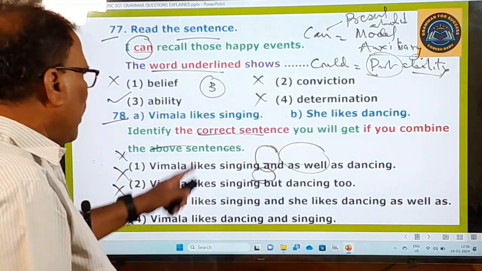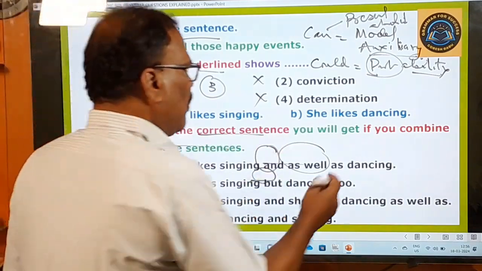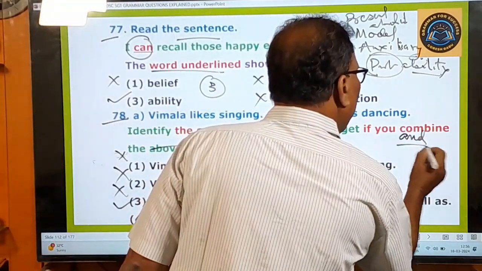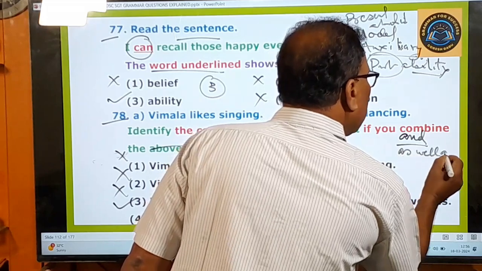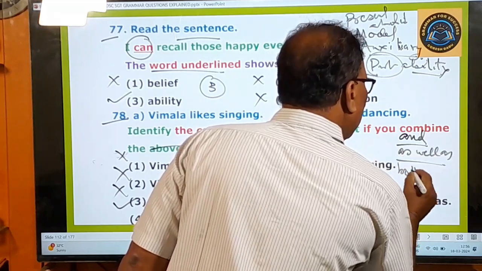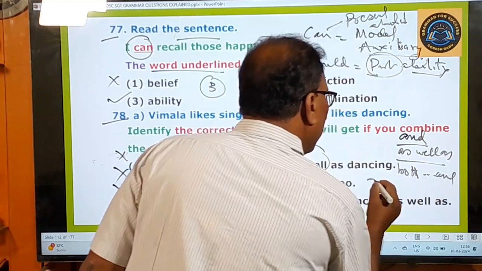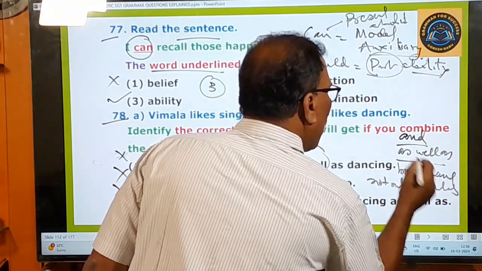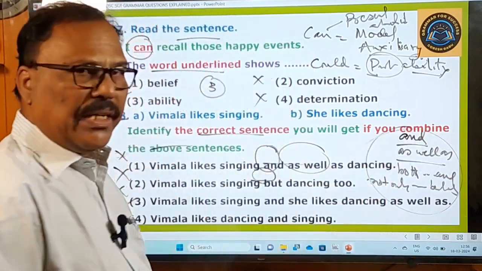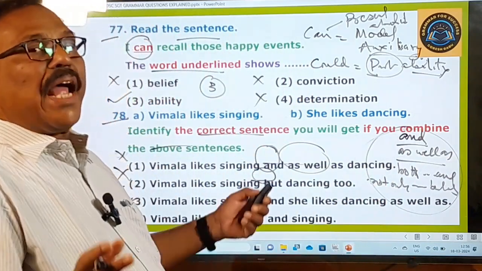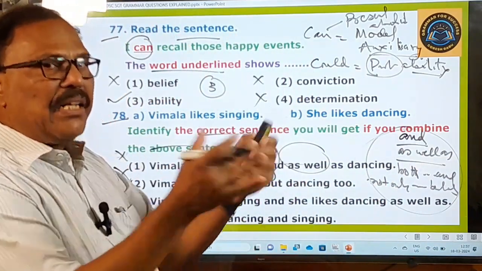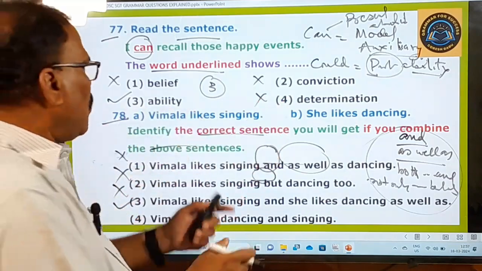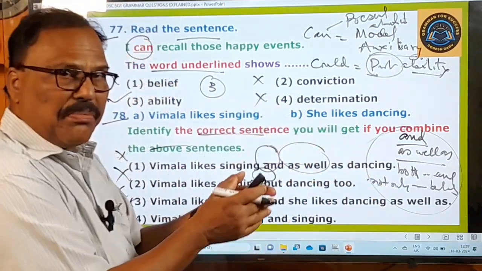So in this way, you can join these two statements with 'and', with 'as well as', with 'both and', with 'not only but also'. These are all coordinating conjunctions used for addition, simply adding two statements together. So here we are just adding these two statements together.